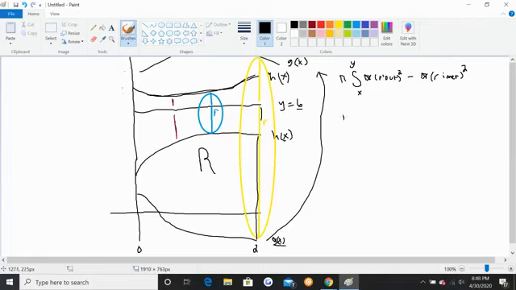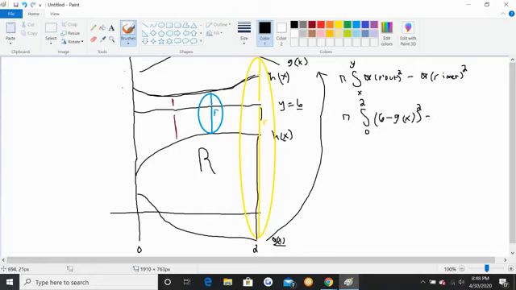So we have pi, and we know our boundaries, 0 and 2. And so our outer radius is going to be 6 minus g of x, because they just said write an integral. We don't need to solve it or anything. And this is our radius, outer.